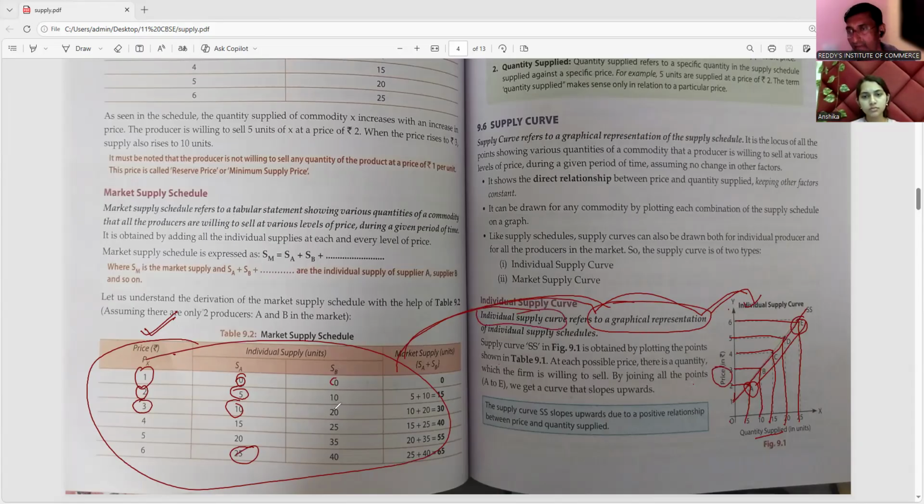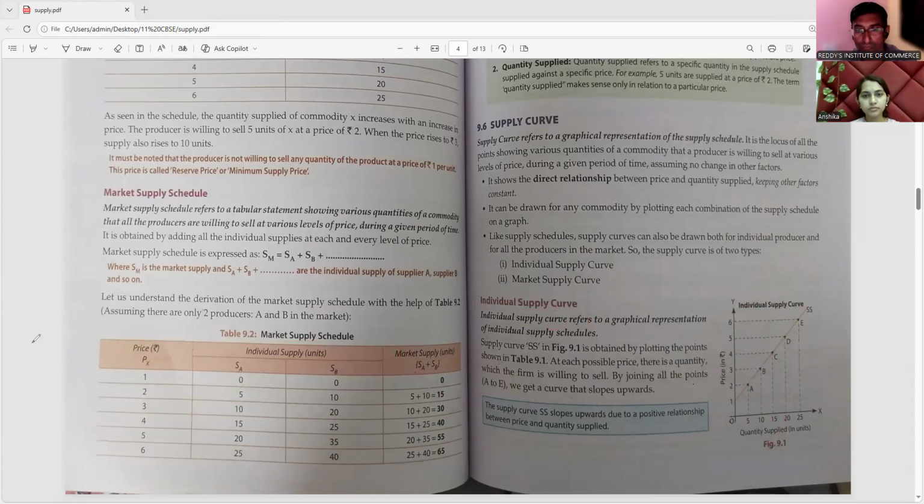Nothing is difficult. It's a representation in graphical format only. That is called a supply curve. It indicates which way it moves, upward or downward. That is why it is shown graphically.